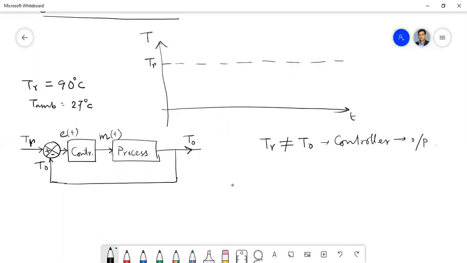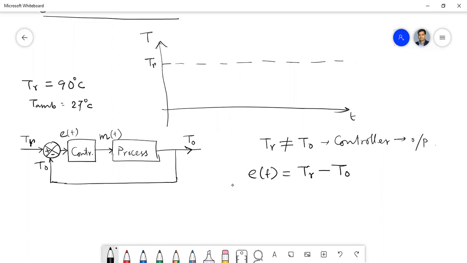Now what is the error initially? The error is 90 minus 27. If I define this ET, because this is from the summer block, ET is basically the difference between TR and T0.